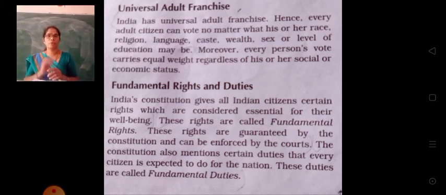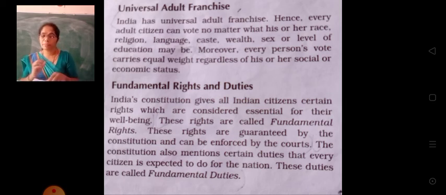Every adult citizen can vote; whoever has completed 18 years of age has the right to vote, or the right to elect representatives. This is one of the important features of our constitution in the parliamentary form of government.